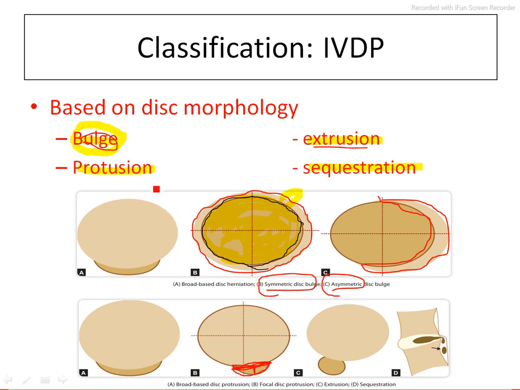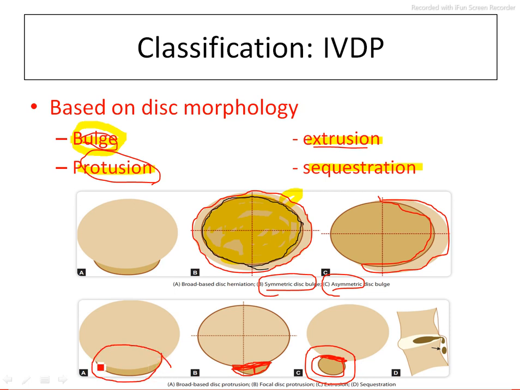And now you see there is something called protrusion. So what is protrusion? In protrusion, your base diameter is very less. So it is sometimes referred to as pedunculated type.